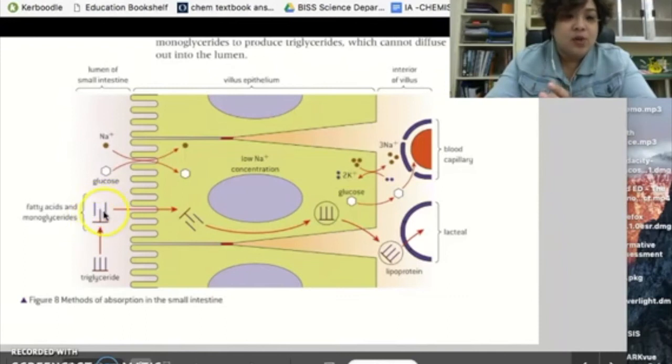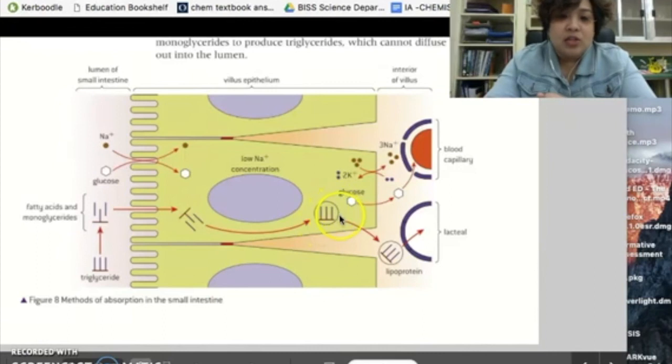Now these are small enough to move through your epithelial cells through the process of diffusion. So once they diffuse inside the epithelial cell of the villi, they will aggregate and reform into triglyceride. At the same time, cholesterol is added here. So triglyceride plus cholesterol, and they will be surrounded by a protein coat.